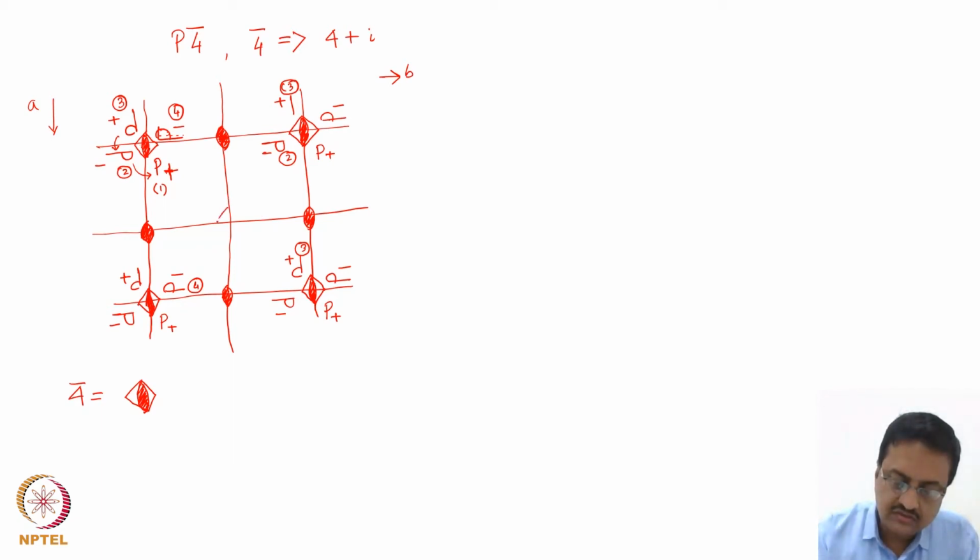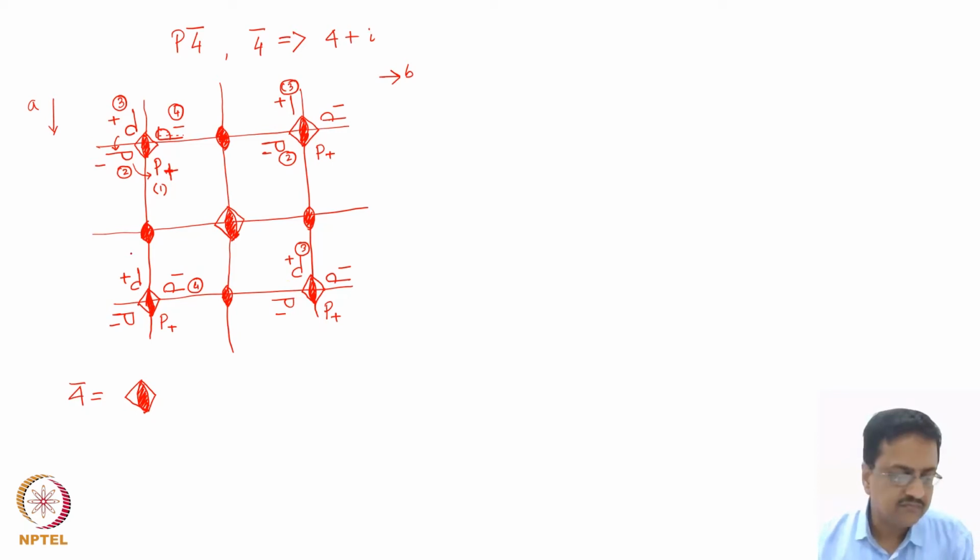So we should also draw a 4 bar axis at the center. We see that if you rotate it by 90 degree, it goes there, and on inversion it comes here. You rotate it by 90 degree, it goes there, but then on inversion it comes here. So the plus which was here on inversion becomes minus. This minus goes rotated at this point and gets inverted here, so it becomes plus, and so on.